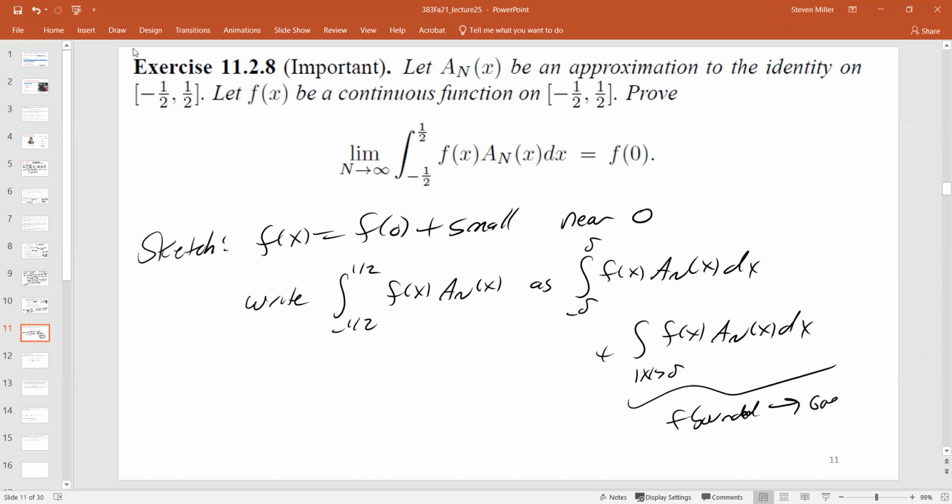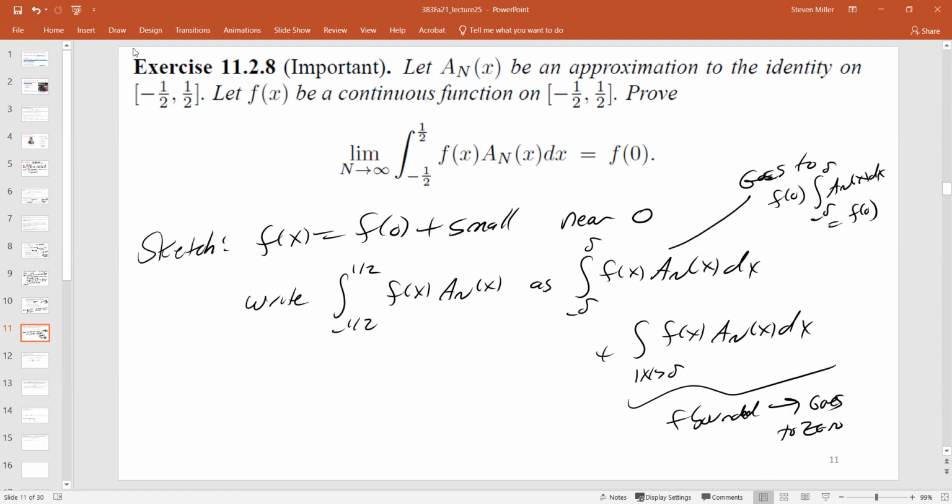This part goes to 0. And this part goes to f(0) times the integral from minus delta to delta of a_n(x) dx, which is just f(0). So you can make this rigorous, but this is essentially what's going on.